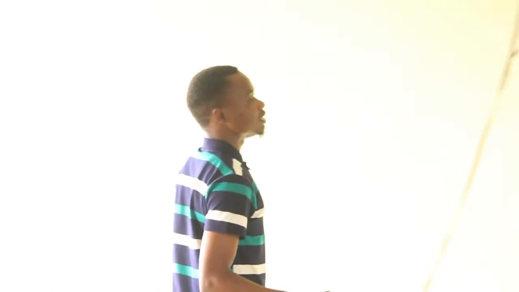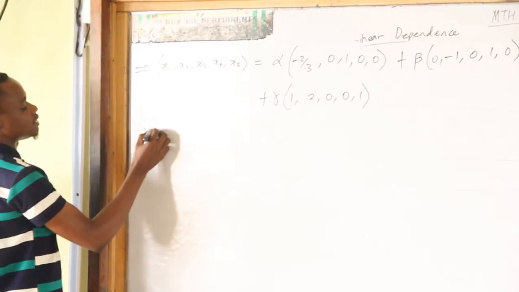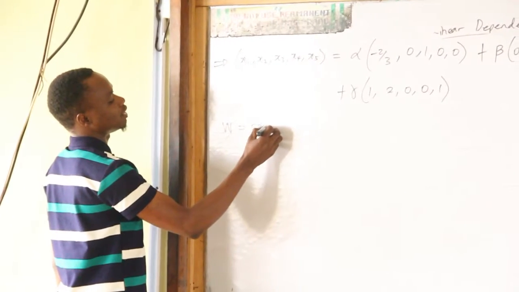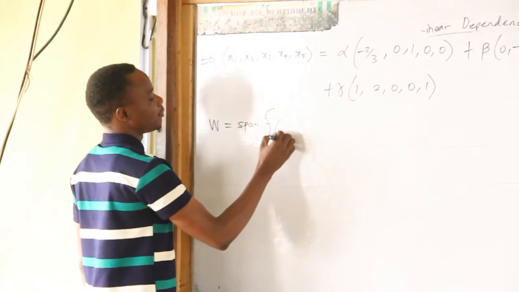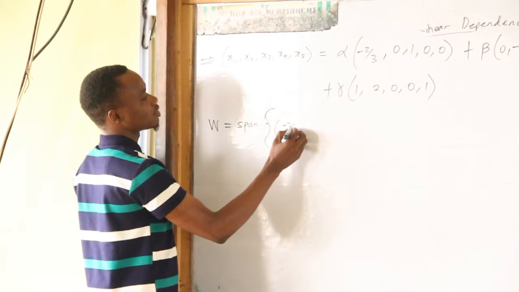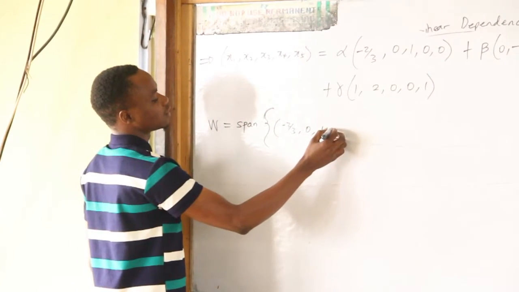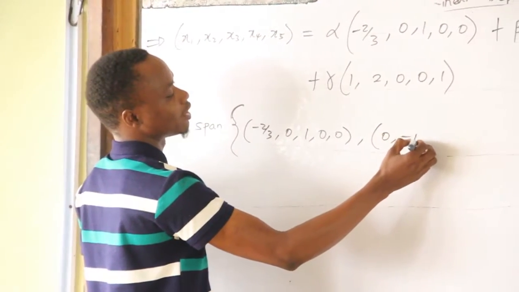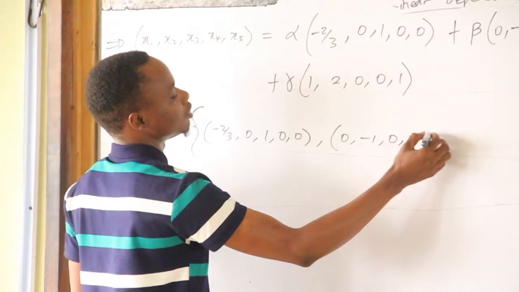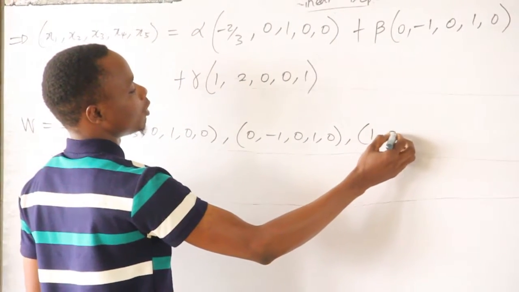W is equal to the span of this set of vectors: minus 2 over 3, 0, 1, 0, 0; 0, minus 1, 0, 1, 1, 2.